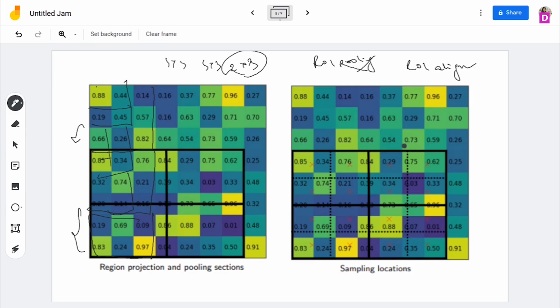What ROI align basically means is that, irrespective of the size, it will be divided into equal halves. So if you say here 1 2 3 4 5 6 7, this is my feature map size, a 5x7. If you divide this 5x7, it will come to 2.5 and 3.5, right?